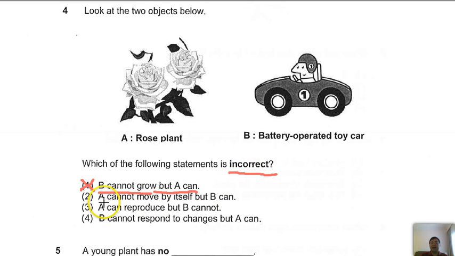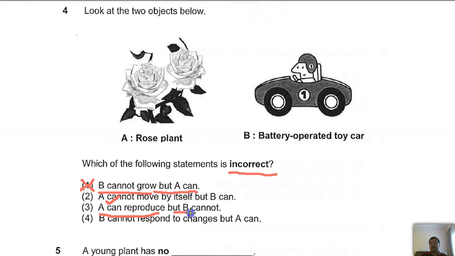Next, A cannot move, which is incorrect. I'm looking for incorrect, but B can move by itself. Very likely this is your answer, because it is an incorrect statement. However, please go through this. A can reproduce, this is correct.